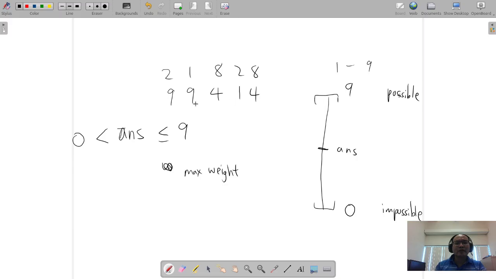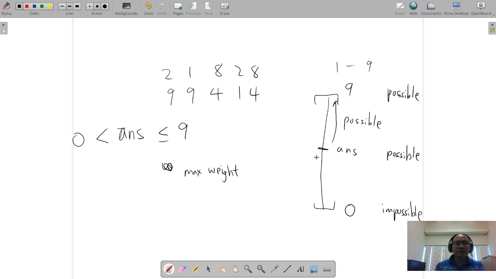So if you can solve this problem by lifting only, I don't know, anything 4 and below, let's say, then you can also solve the problem by lifting anything 8 and below, 9 and below, and so on. So in other words, if the answer here is the smallest possible way that works, then everything up here are all possible.